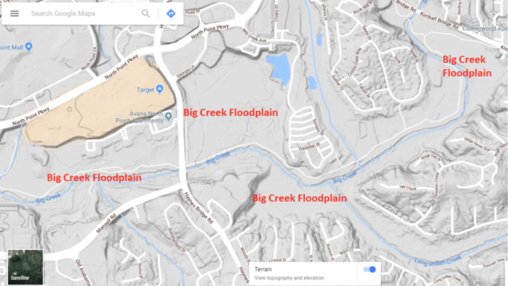And you can see that in this raised relief, this topographic, this physical map. Here we've got the Target at the corner of North Point Parkway and Haynesbridge Road. All impervious surfaces. And you can see here's the Big Creek going down this way.